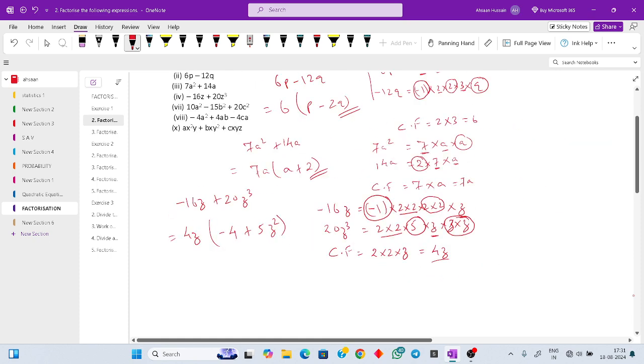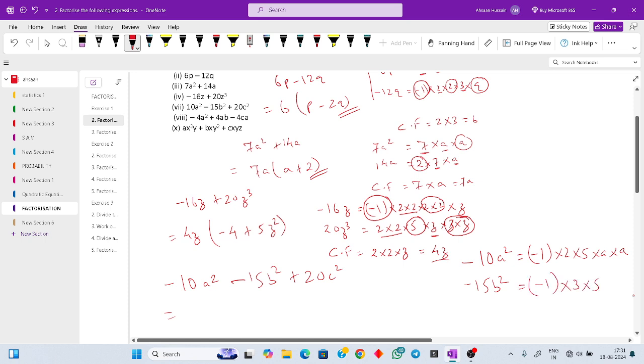Then the next question is minus 10a square minus 15b square plus 20c square. So let's find the common factor first. Minus 10a square means -1 multiplied 2 multiplied 5 multiplied a multiplied a. And minus 15b square means -1 multiplied 3 multiplied 5 multiplied b multiplied b.